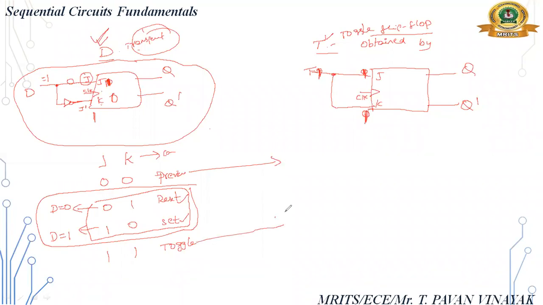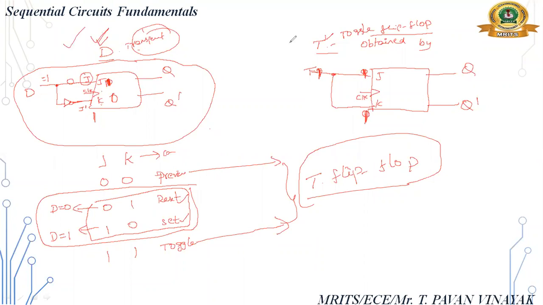So the toggle and previous state conditions are referred to as the T flip flop. Using the JK flip flop, we obtain the D flip flop and T flip flop.